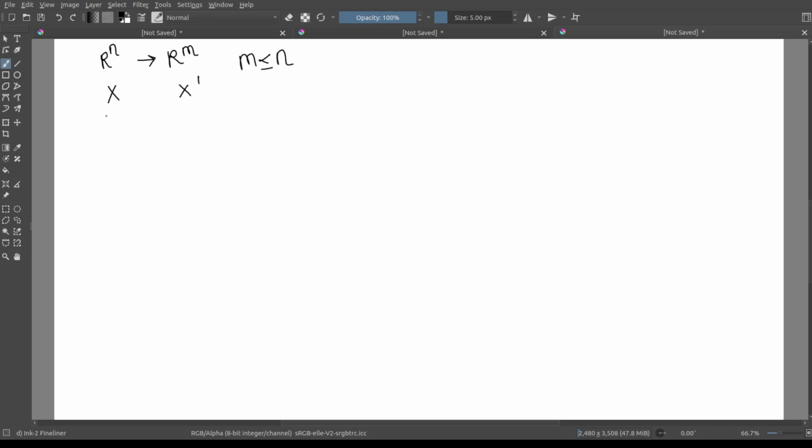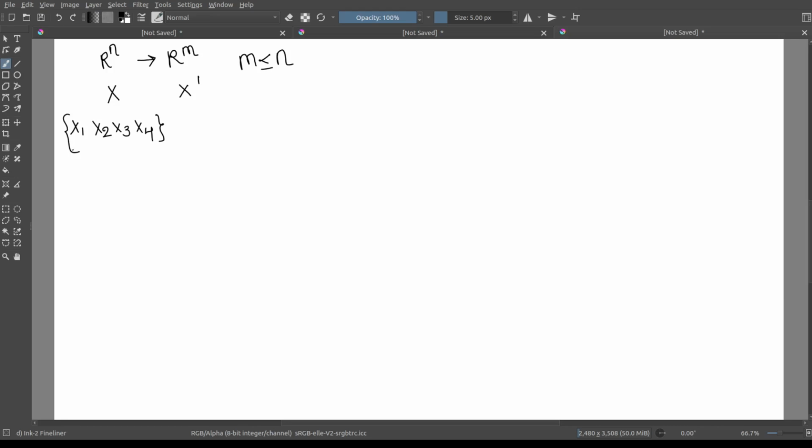Now what we do first, see, we have these vectors, let's say vector x1, x2, x3, and x4. We have these four vectors. Even if we have one vector there is no problem, and even if we have more than one vector there is no problem.